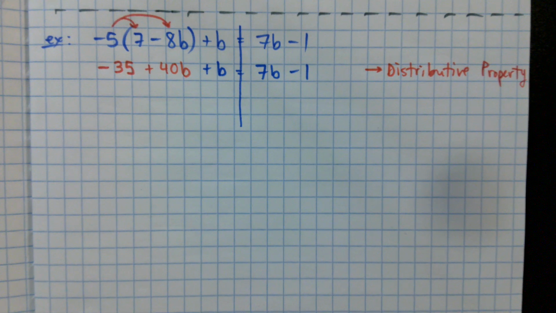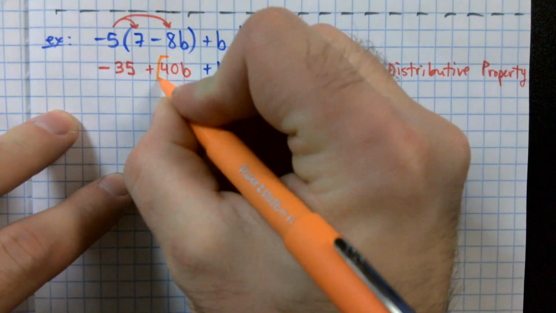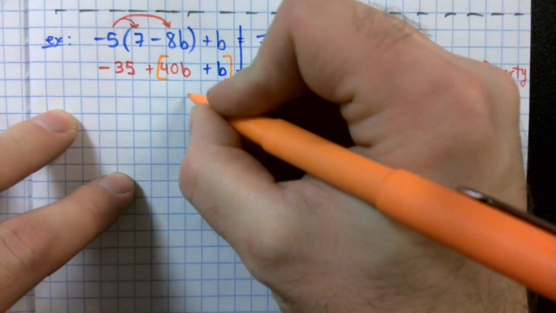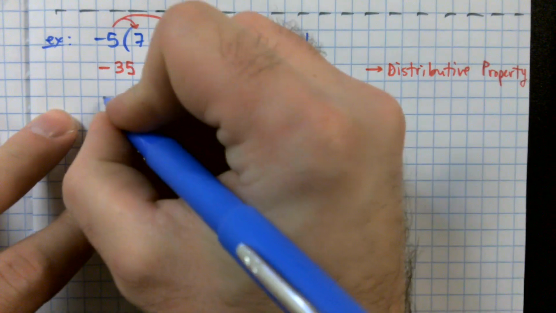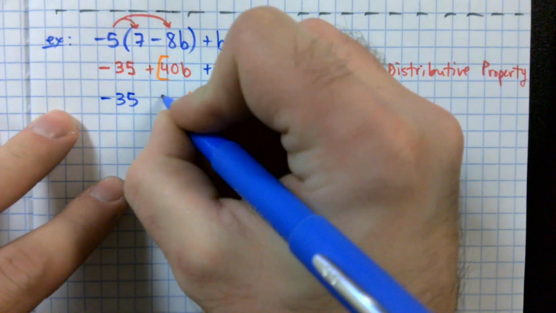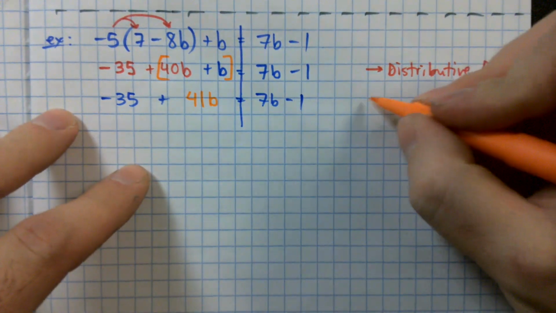Now that I've distributed, is there any like terms I can combine on the same side? Yes. What are my like terms? 40b plus b. 40b plus b equals 41b. -35 plus 41b equals that right-hand side.